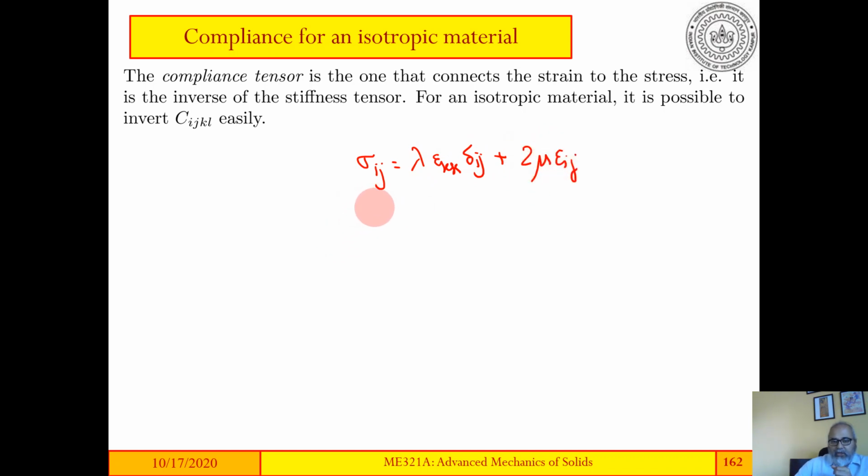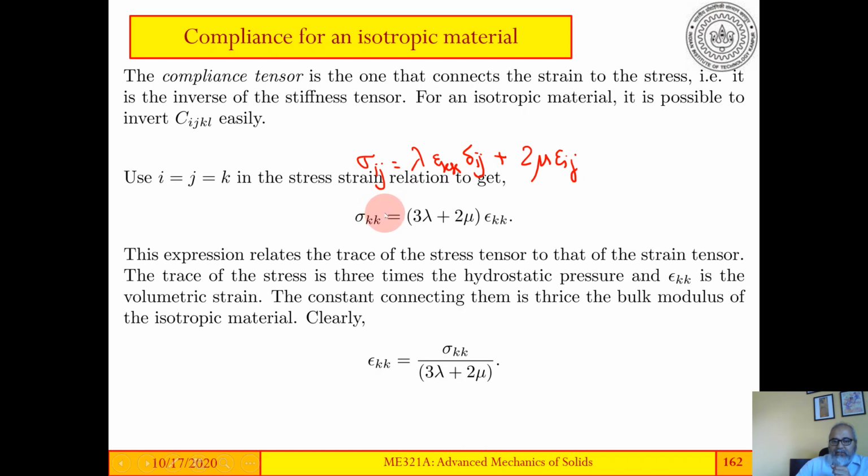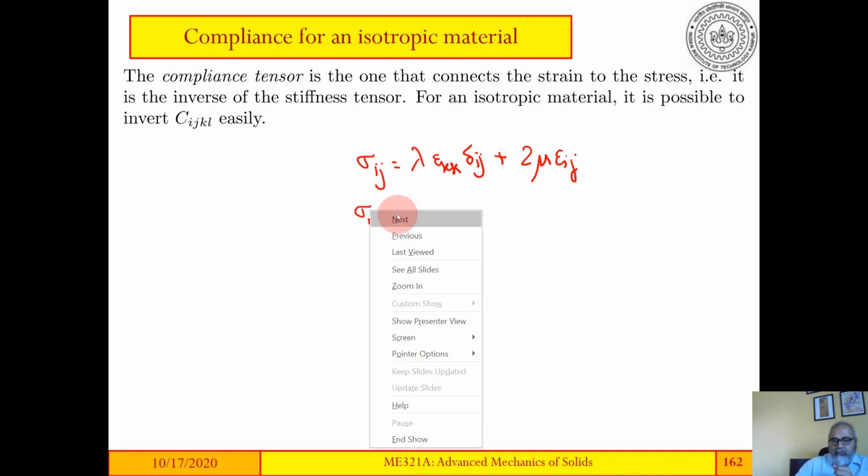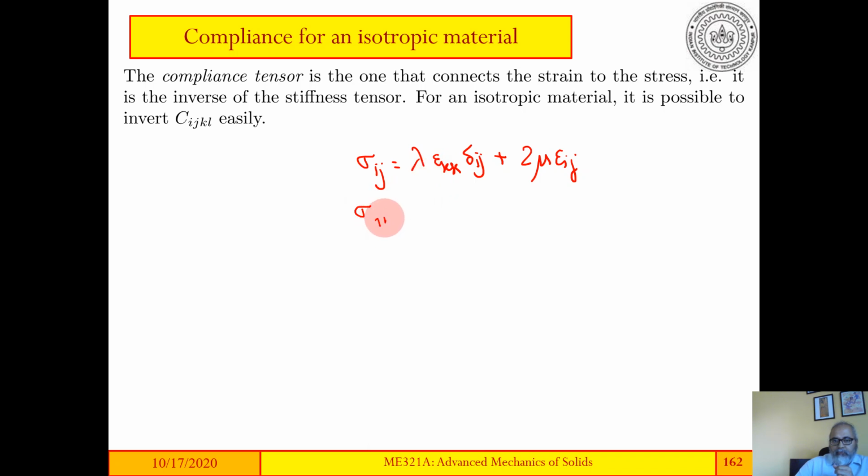So let us look at it for the case where both i and j are equal to each other. So they are both same. So I have, say, sigma mm equal to, so here this delta mm we know is 3.